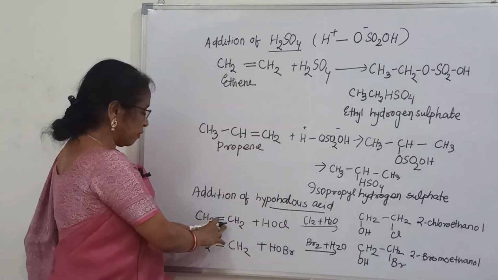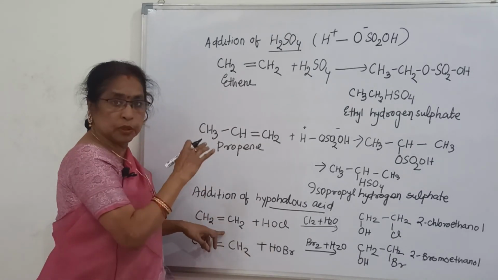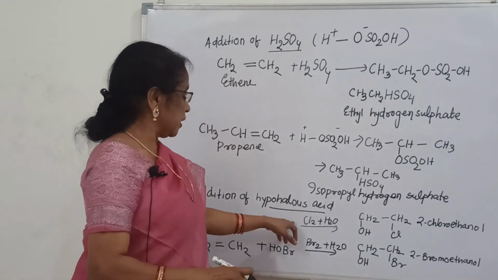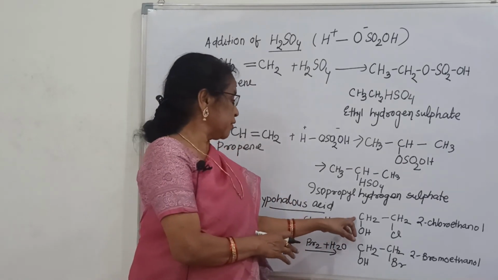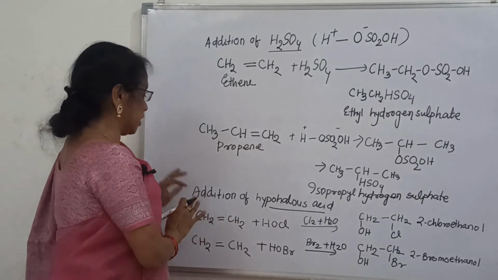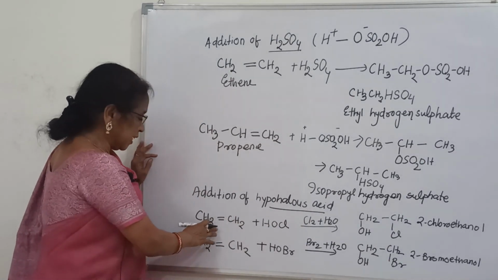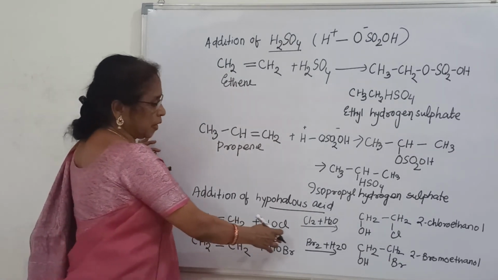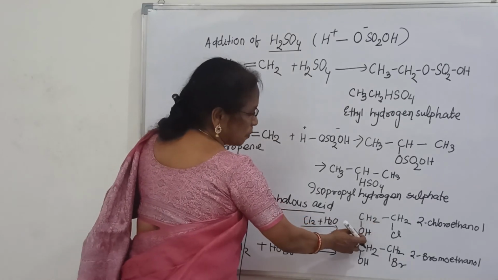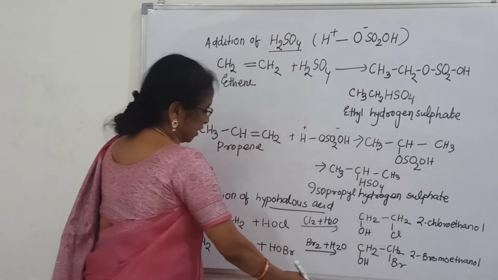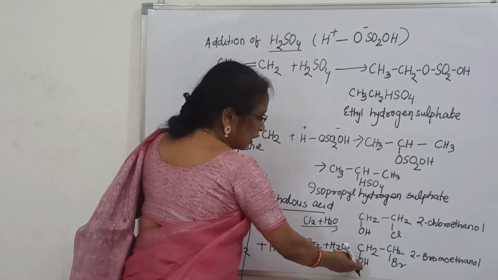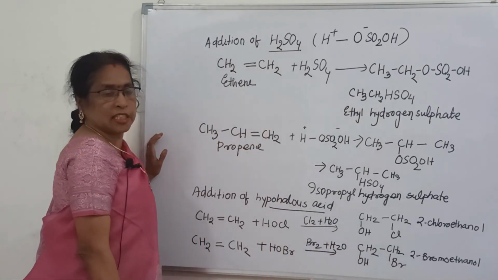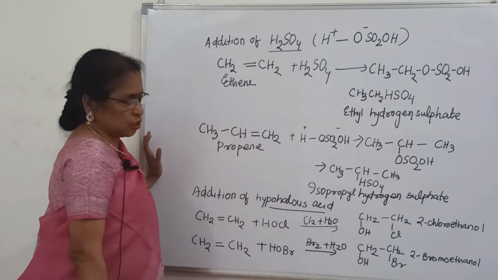Now addition of HOCl to ethene: you take Cl2 chlorine plus water, and it gives CH2OH and CH2Cl. It is symmetrical, so there is no problem; the OH group attaches here and Cl attaches there. Similarly with HOBr, one side OH group, one side Br. This is for symmetrical alkenes, that is sufficient.